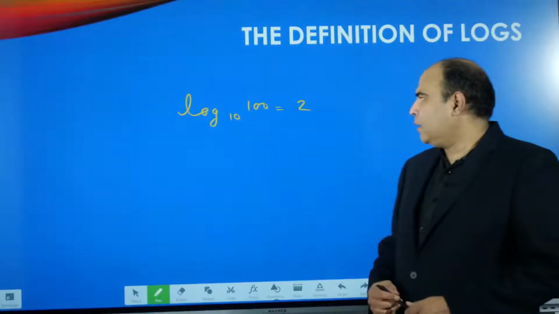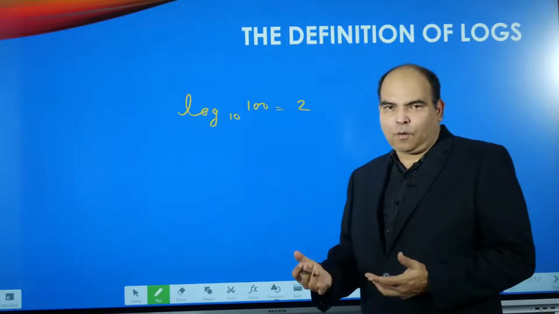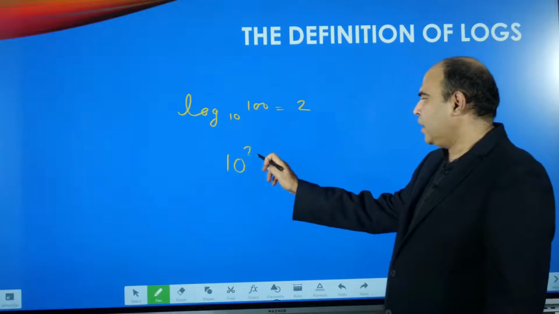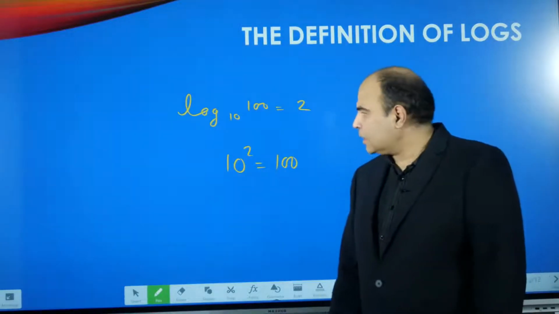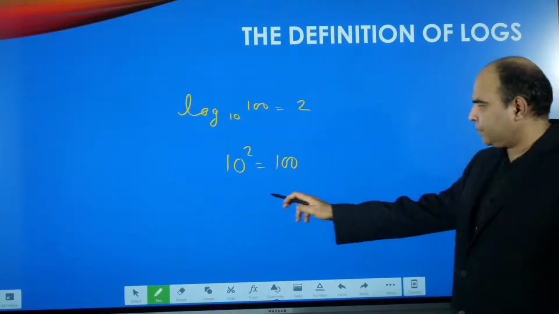But log 100 to the base 10 is 2, and the only way you can connect these 3 numbers in another form, in an equality form, is if you use 10 square is equal to 100. So this is where the definition of logs come in, and you can remember it this way.